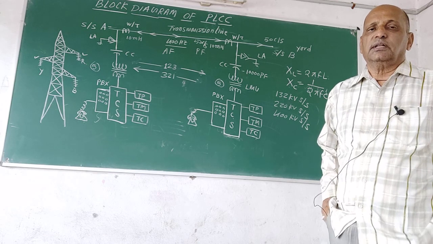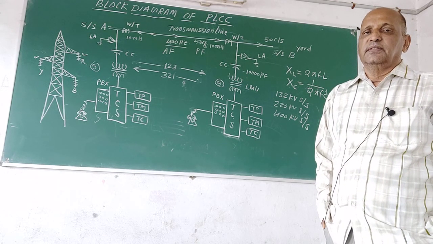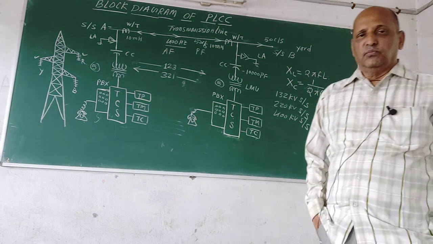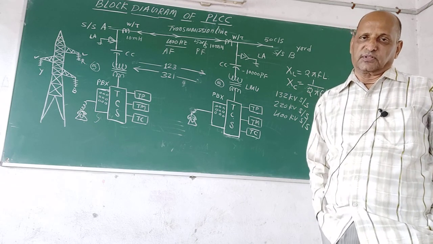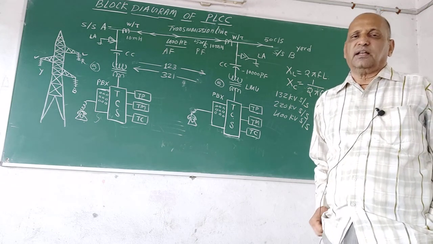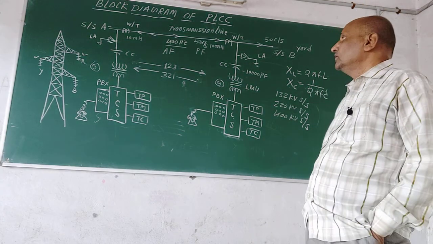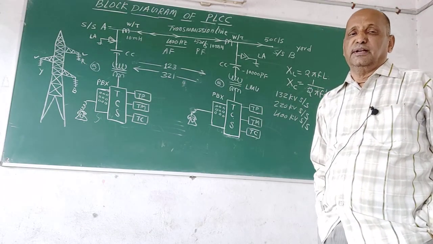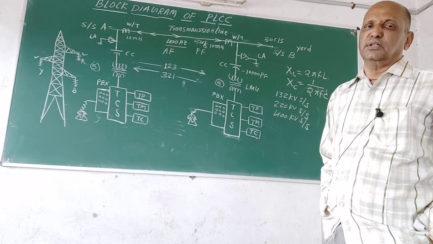So this particular diagram I have shown for PLCC, in which the components are shown. They are very simple. The main components of PLCC are the wave trap and coupling capacitor, and other equipment are supporting equipment. You see here a lightning arrestor for preventing lightning strokes from entering the substation or PLCC unit.